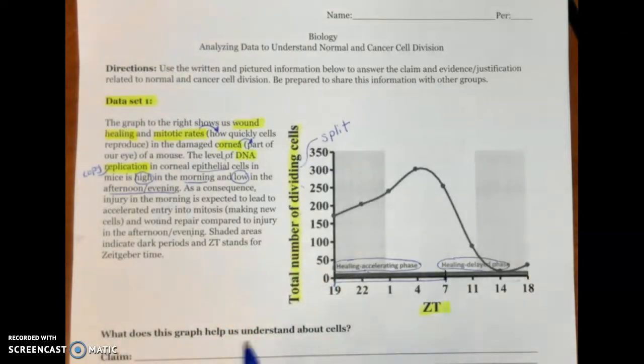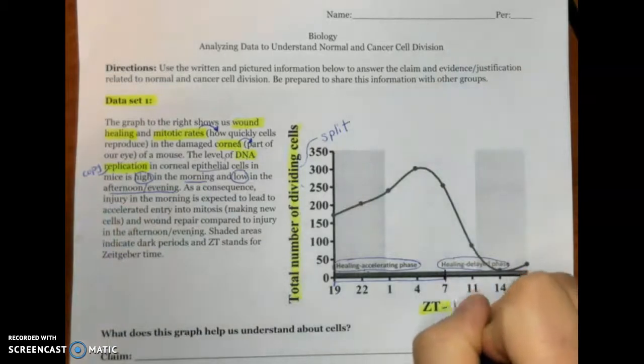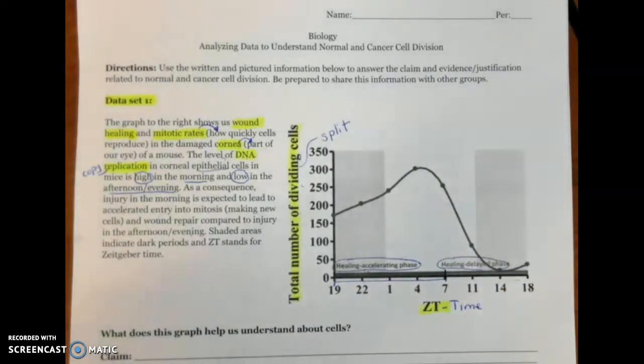Shaded areas indicate dark periods, and ZT stands for Zeitgeber time. So now I know that this is talking about time. And since I see 19, 22, 1, 4, 7, it looks like the Zeitgeber time is using a 24-hour clock, which I learned when I was younger.